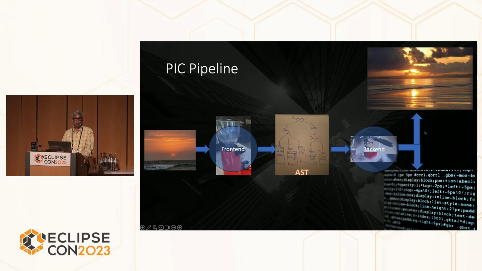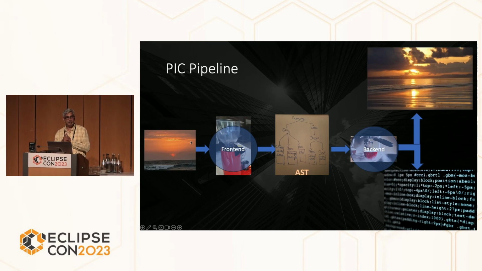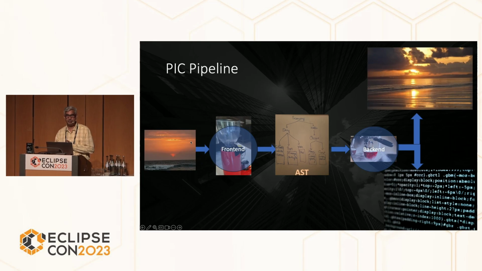But we can also do refactoring. Most of the refactoring happens from the AST layer, where you can take this AST and rewrite it. So this picture can be transformed into another source using the refactoring APIs.